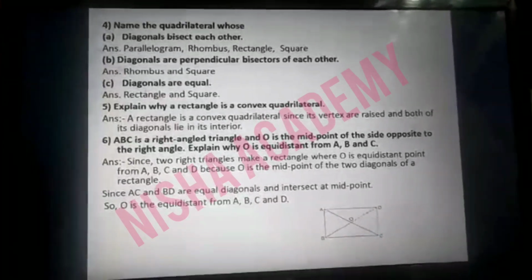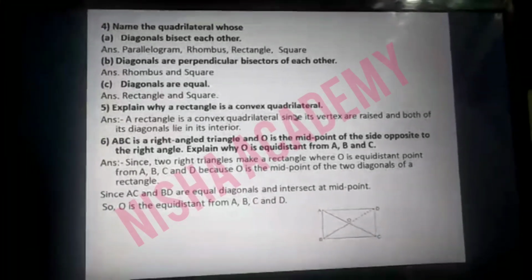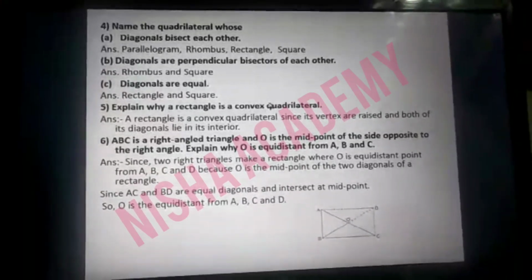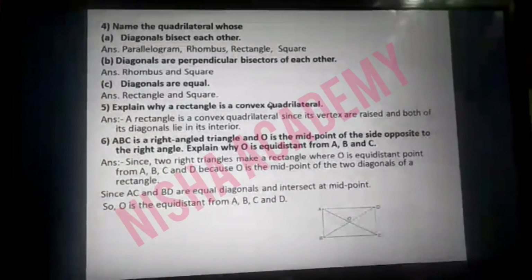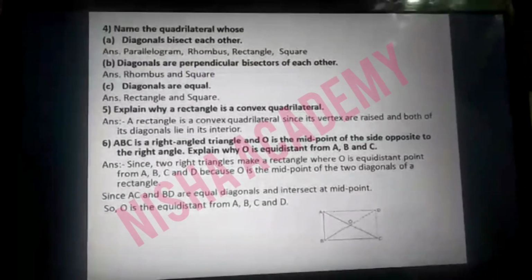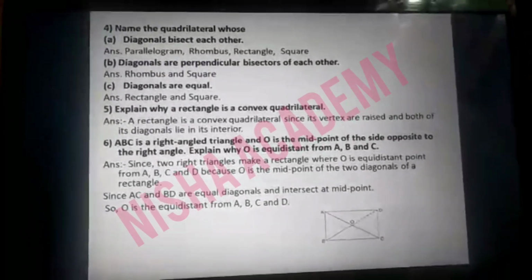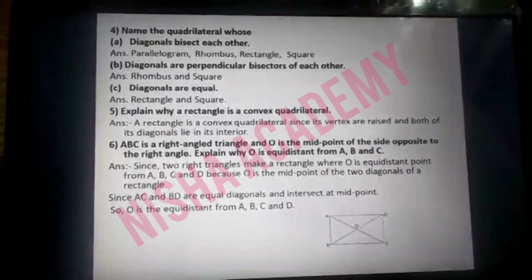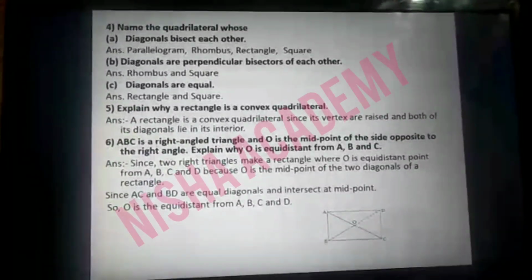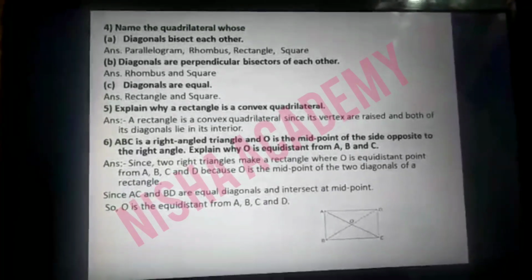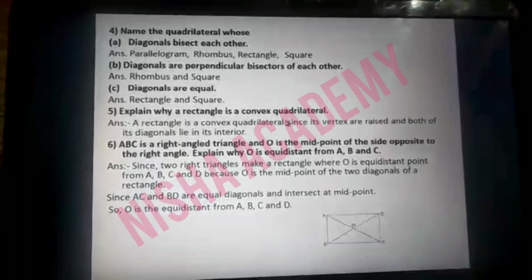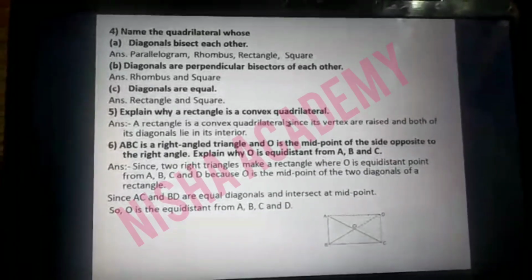Explain why a rectangle is a convex quadrilateral. Now, what do you mean by convex quadrilateral? We have studied at the start of the chapter that a convex polygon means one whose diagonals are inside the figure. Convex quadrilateral means the quadrilateral has its diagonals in the inner part of the quadrilateral.